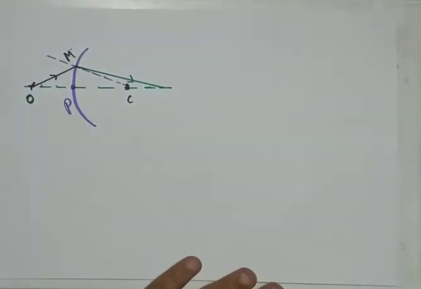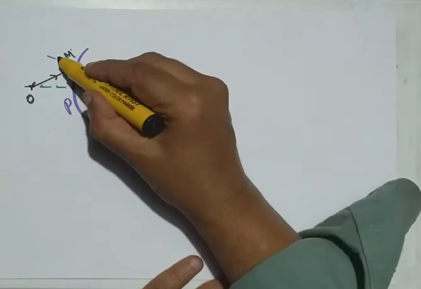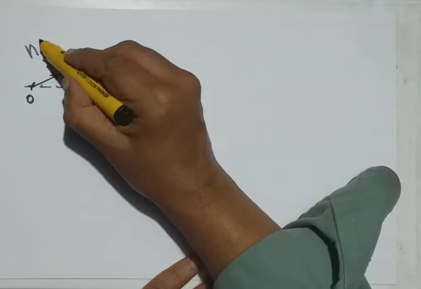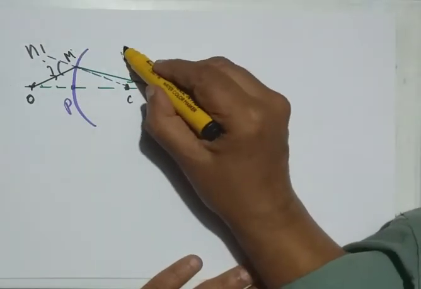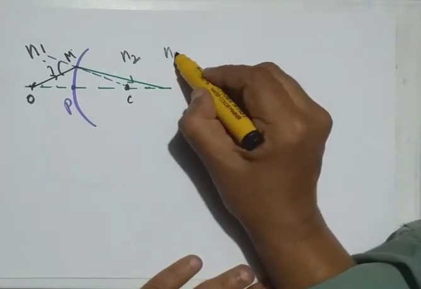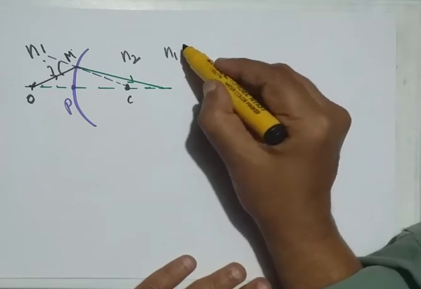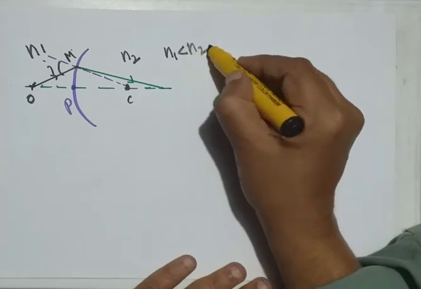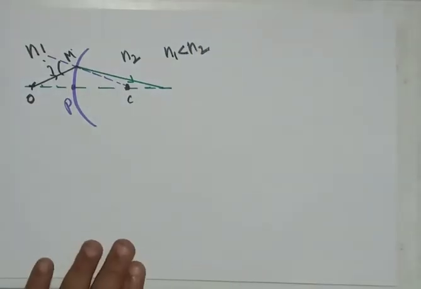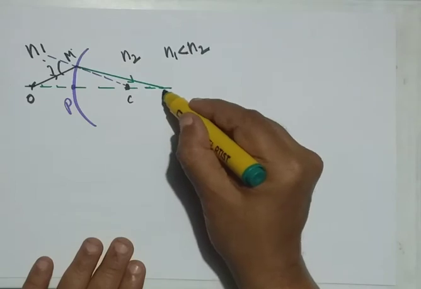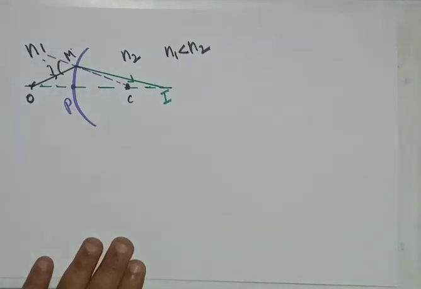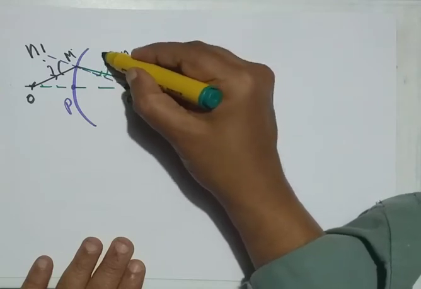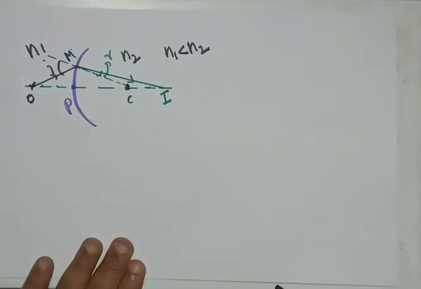Now we mention the angles. I is the angle of incidence, and the refractive index of the first medium is N1, and on this side N2. We imagine N1 less than N2, rarer to denser. We call this point where the image is formed, where the refracted ray touches the principal axis, and this angle is the angle of refraction R.